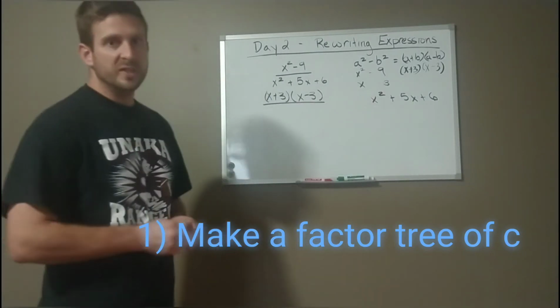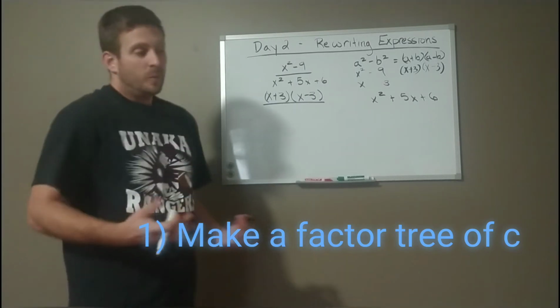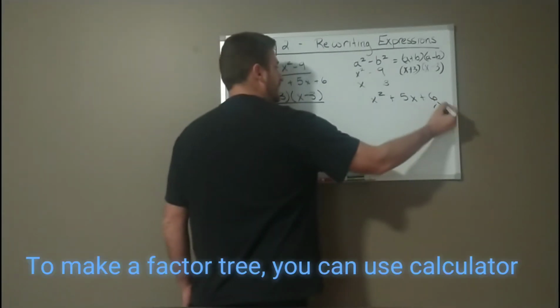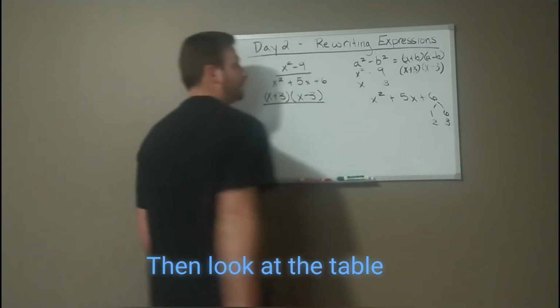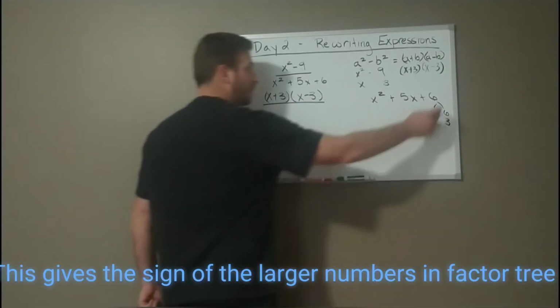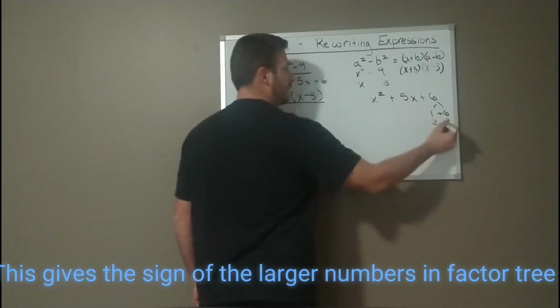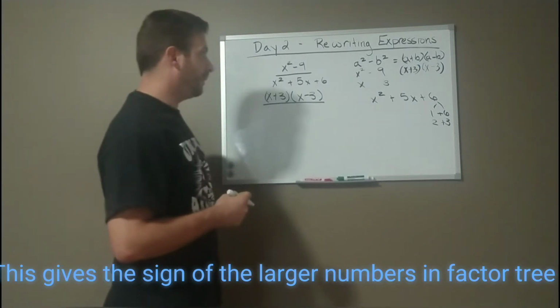If we were to use the AC method where we multiply a times c, we would get 1 times 6. So we can go ahead and make a factor tree of c, 1 and 6, 2 and 3. We look at the sign of b, and that tells us that the larger of these two numbers is positive, because we know that these two numbers have to add together to make a positive number.